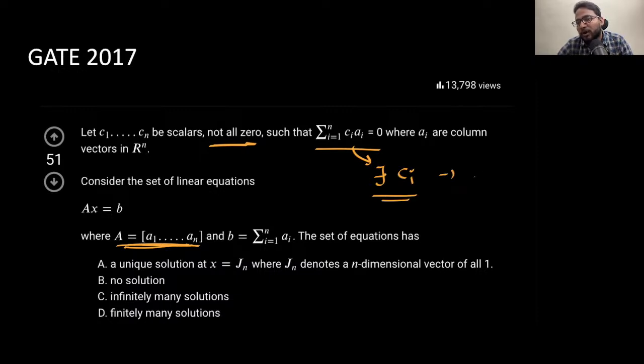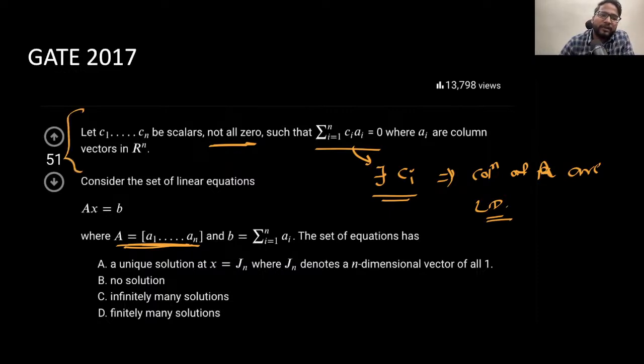It means that columns of A basically are linearly dependent. है ना? Using this information, they are giving us that columns of A are linearly dependent.